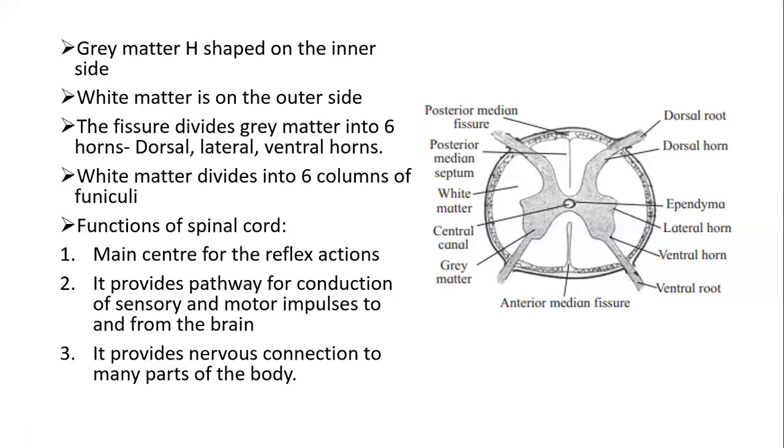The white matter consists mainly of bundles of myelinated nerve fibers called ascending and descending tracts.